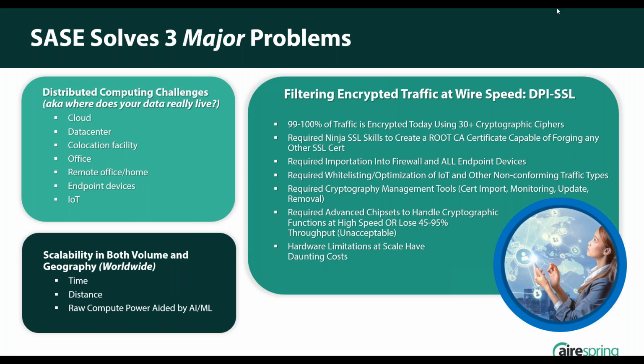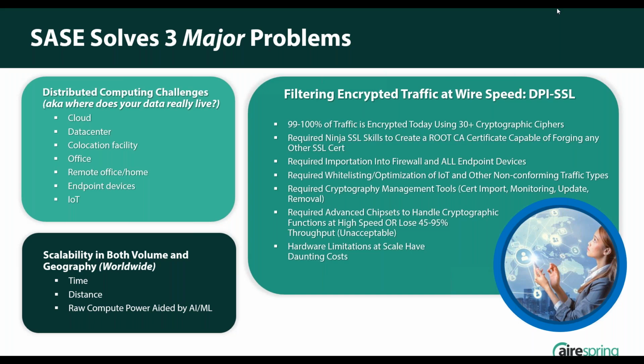Secondly, encryption. Everything is encrypted these days, which is great for security, but not so great when you need to inspect that traffic in real time, right? So deep packet inspection at wire speed is no joke. And so it takes serious horsepower and kind of ninja level SSL tools to pull it off without killing performance.